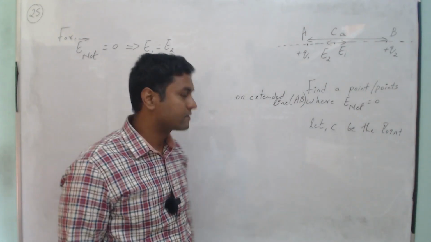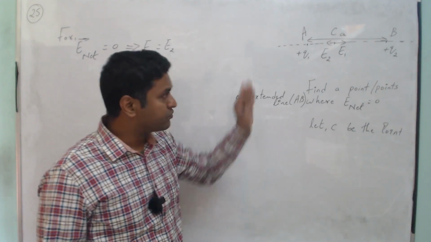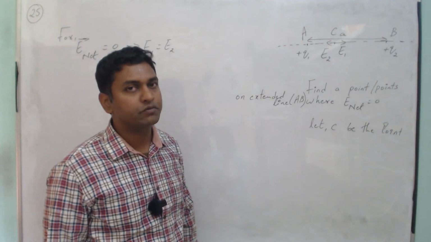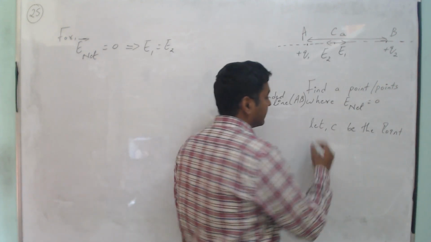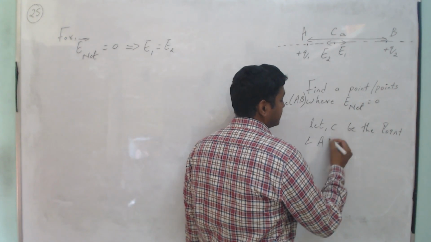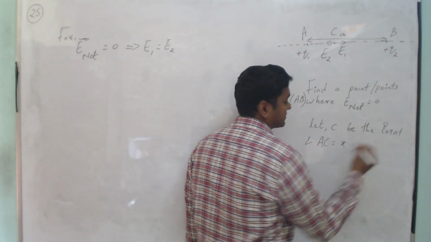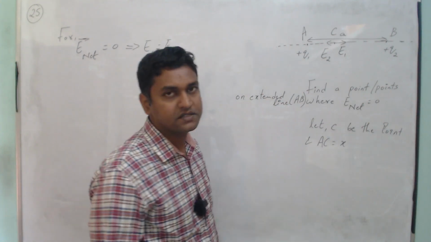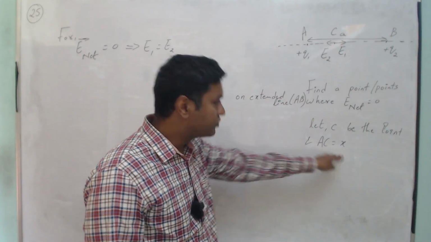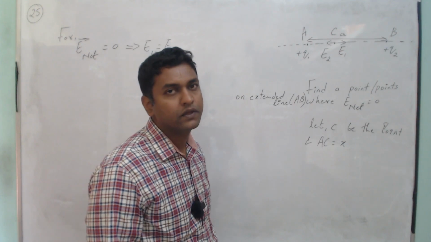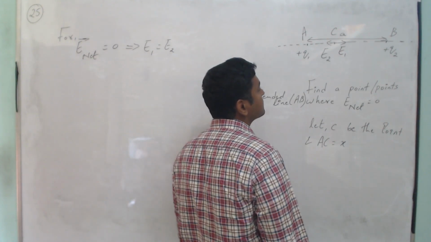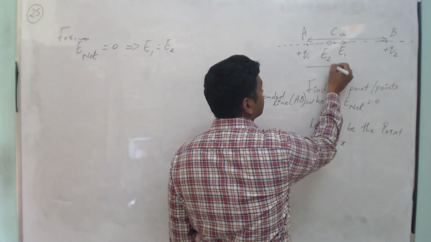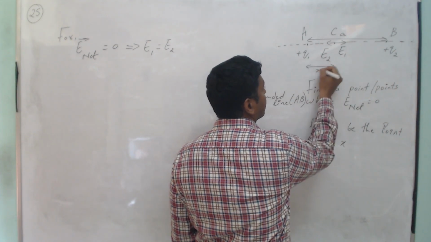So let C be that point, and AC is equal to X, some random X. We need to find this X only. Is this clear? This distance from A to C, I am taking it as X.